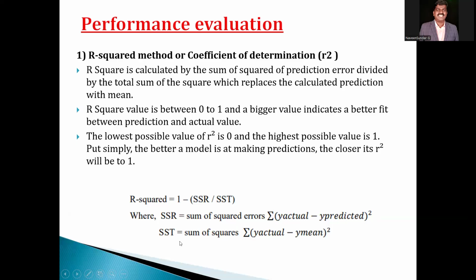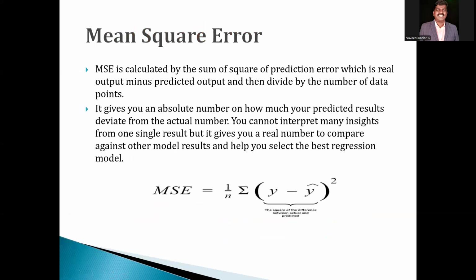SST is the sum of squares of y actual minus y mean. Here I am using y bar, and there I am using y cap. When I subtract with the y cap, I get the value of SSR, and SST I get from y mean, y bar, the whole square. When I make it 1 minus SSR by SST, I will get the R squared. That is how I calculate it.